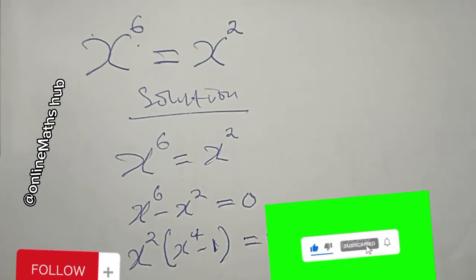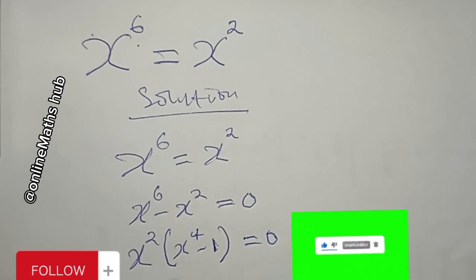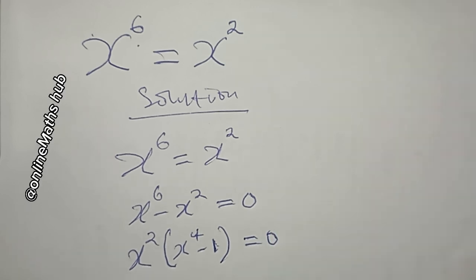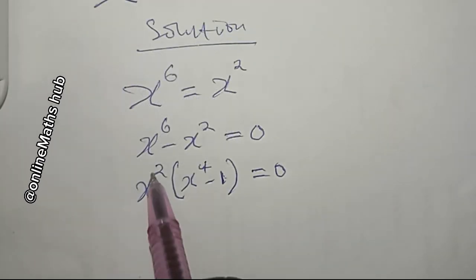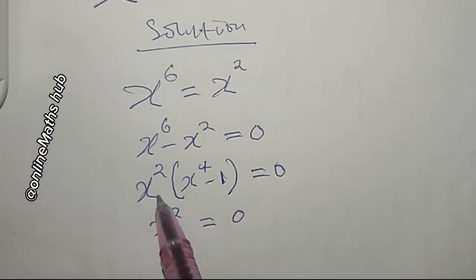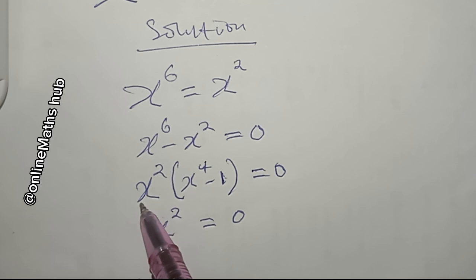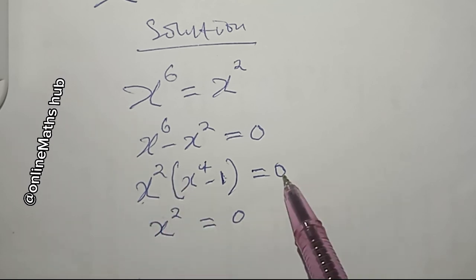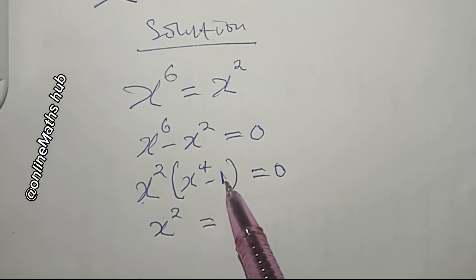So you can see that I have two terms multiplying each other to be equal to 0. When we apply the zero product principle, this can only happen when either x power 2 is equal to 0 or x power 4 minus 1 is equal to 0.